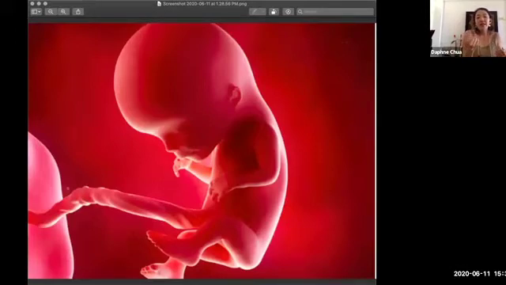And by week 12 is usually when people start to announce, hey, I'm pregnant, right? Because this is when growth has stabilized, and extrinsic movement is really starting to become more developed.